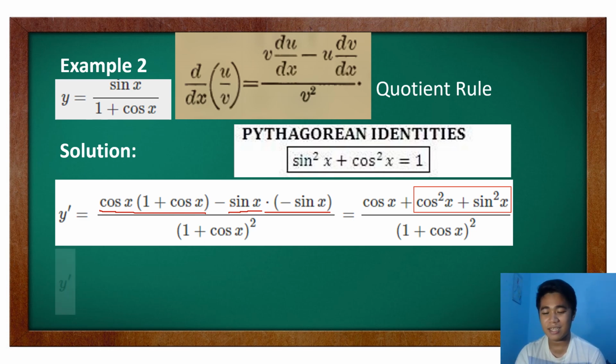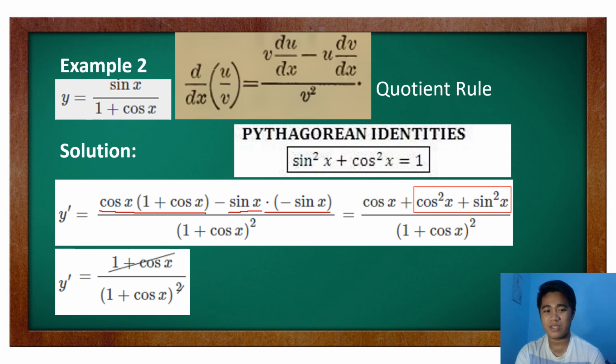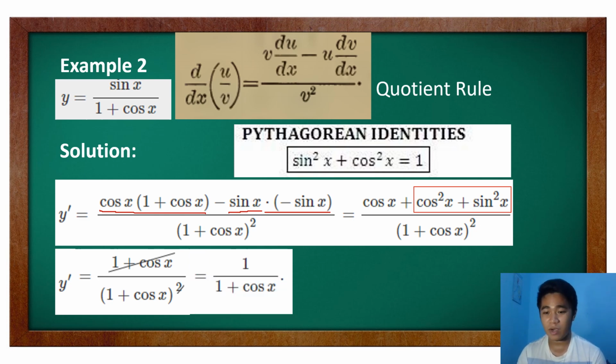So if that is equal to 1, we can say that y prime is equal to 1 plus cos x all over 1 plus cos x squared. And we have the same numerator and denominator. It's just that our denominator is raised to the power of 2. So therefore, we can simplify that as 1 all over 1 plus cos x. Alright, so 1 all over 1 plus cos x there is our answer.